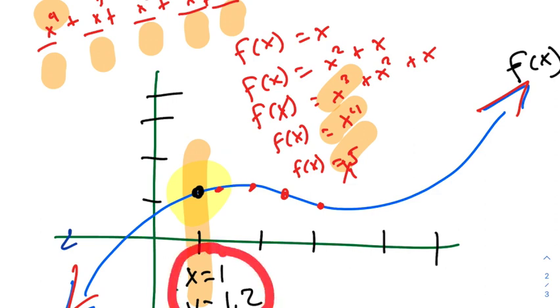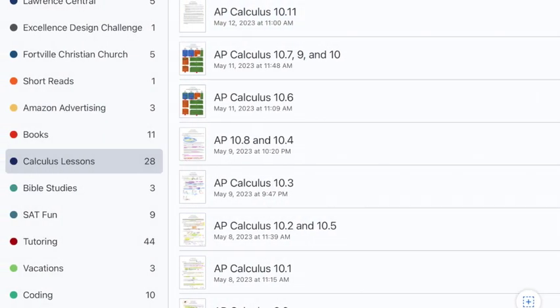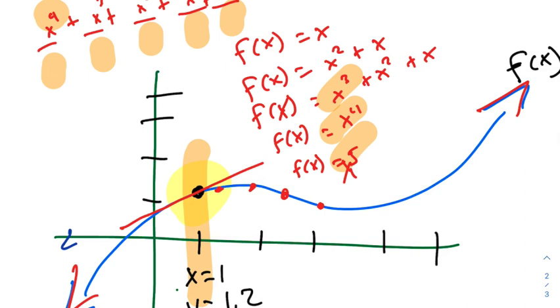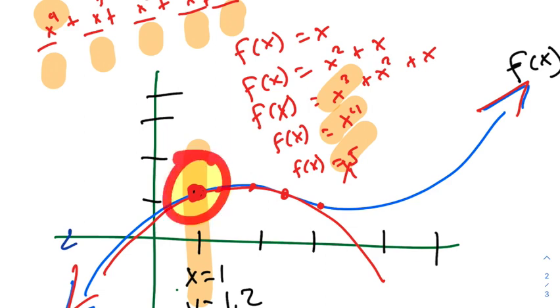I said we know at x equals 1, y equals 1.2, and then we were creating all of our curves, our straight linear approximation, or our actual quadratic approximation that looks something like this. We were creating all those at that point, right? That's the point where we know, so our approximation line passes through that point.